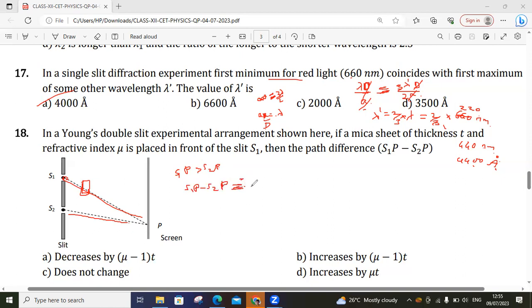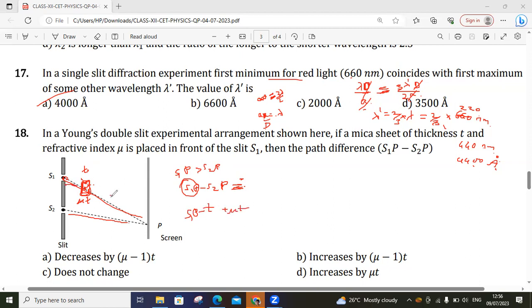Okay, we use the shift formula again. Because we have kept it here, with thickness t and refractive index mu, its optical length becomes mu t. Here it is t in this medium, but if you replace it by vacuum, it will be mu t of vacuum length. So instead of S1P, we'll have S1P minus t plus mu t, correct?